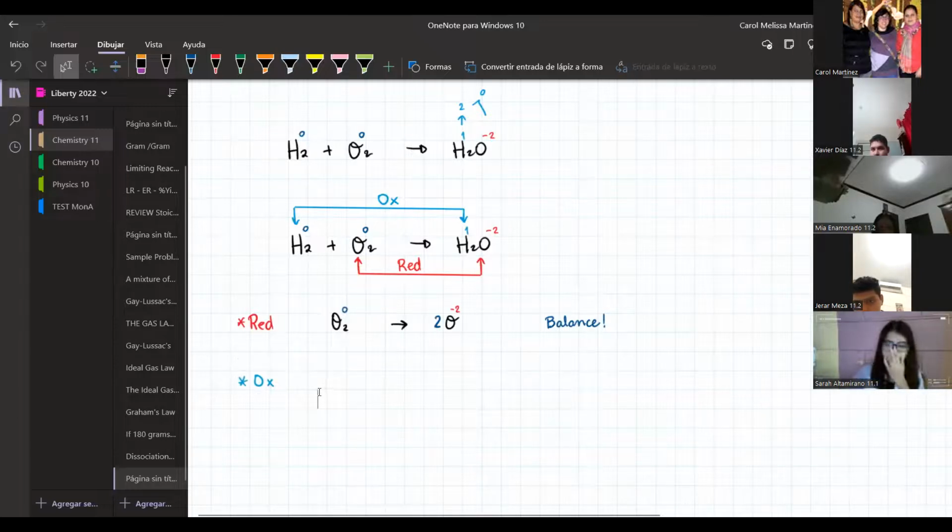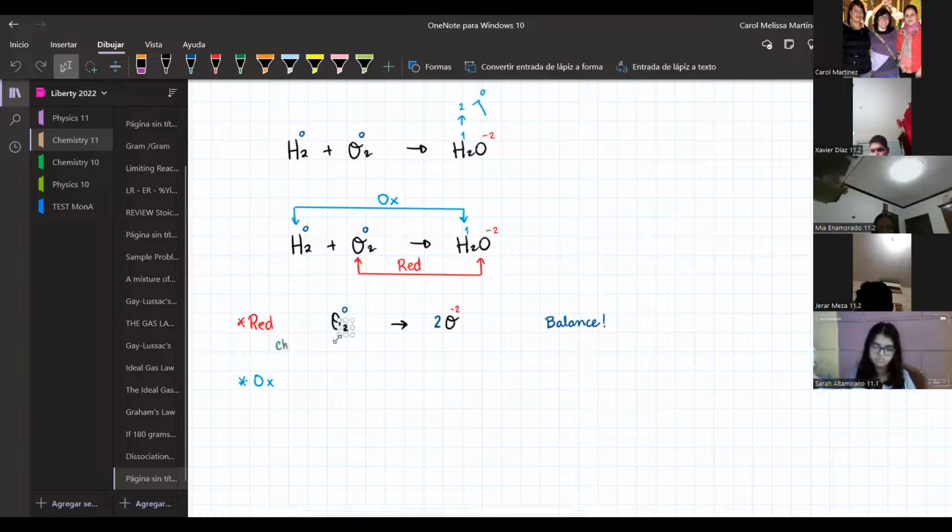You're gonna do this process whenever you have an atom different from 1, okay? So to balance the charges, you're gonna have 2 from the subscript, and it's going to multiply the charge. And these 2 from the coefficient multiplying the charge.